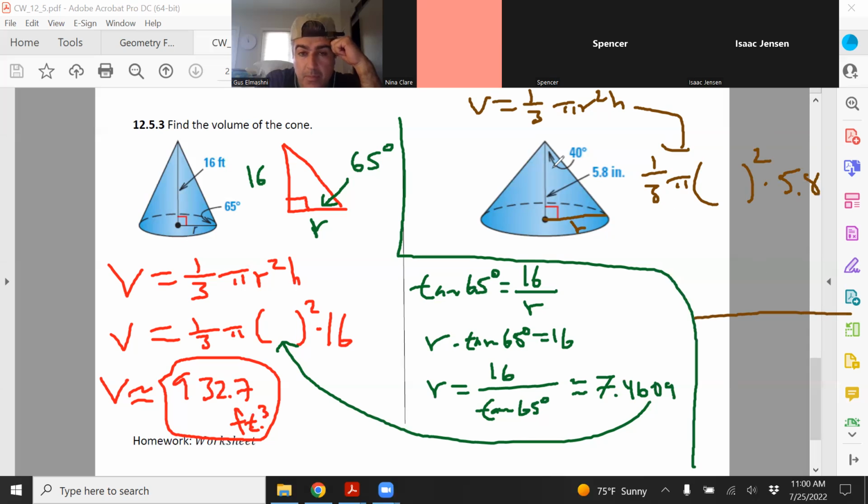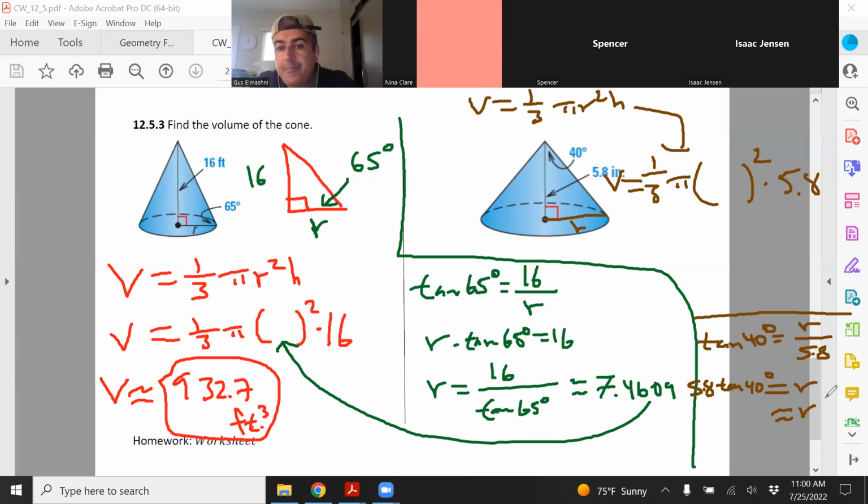Before I find the volume, solve for r. You got to use the tangent again, which equals r over 5.8. Solve for r.